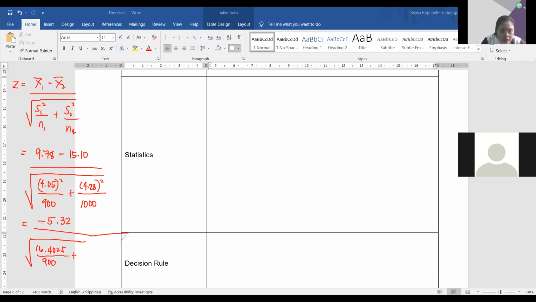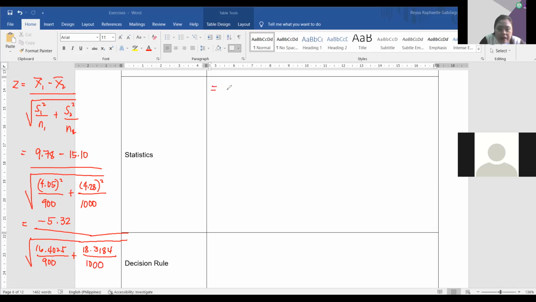Step by step ko ito ha. 4.28 squared is 18.3184 divided by 1,000.